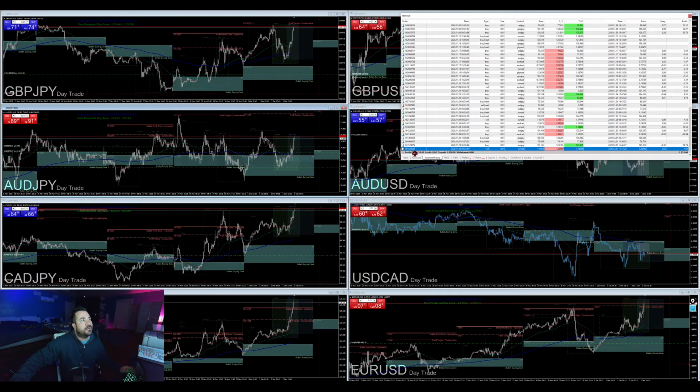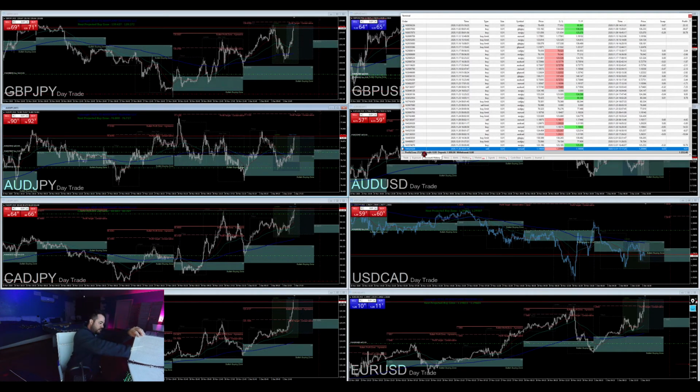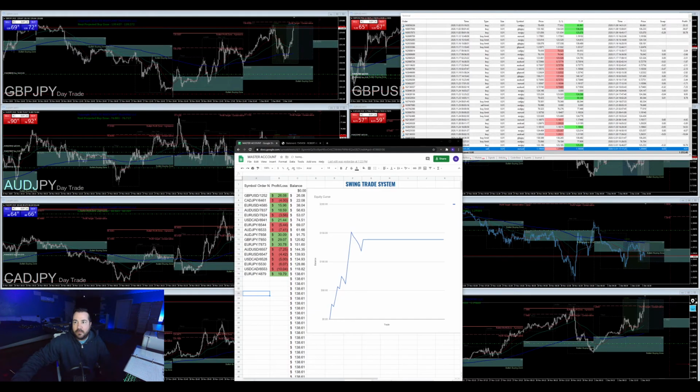This is a 5529. Okay, Euro USD, it's a swing. All right, 5529, Euro USD.